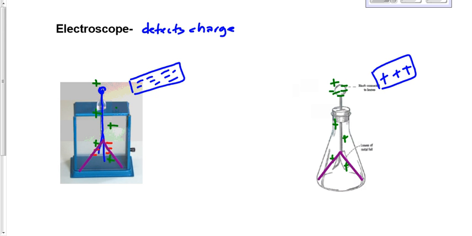Yep. So if you were to touch the negative object with the ball, would that create more charge in there? If you were to touch this with this? That was the ball, yeah. Would it then transfer charge and try to become neutral more or less?